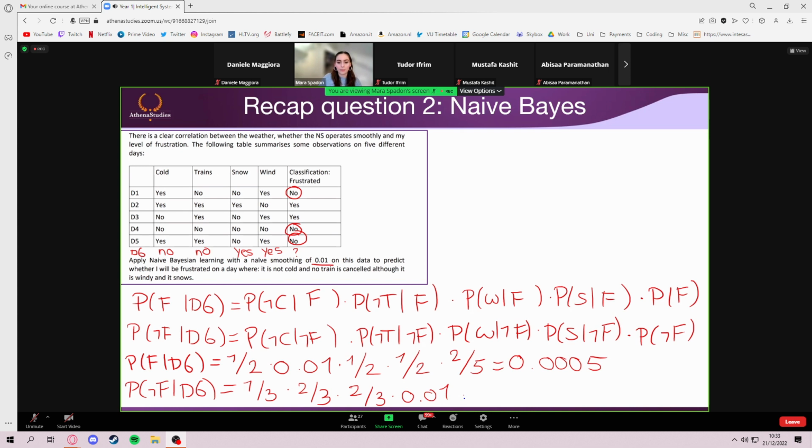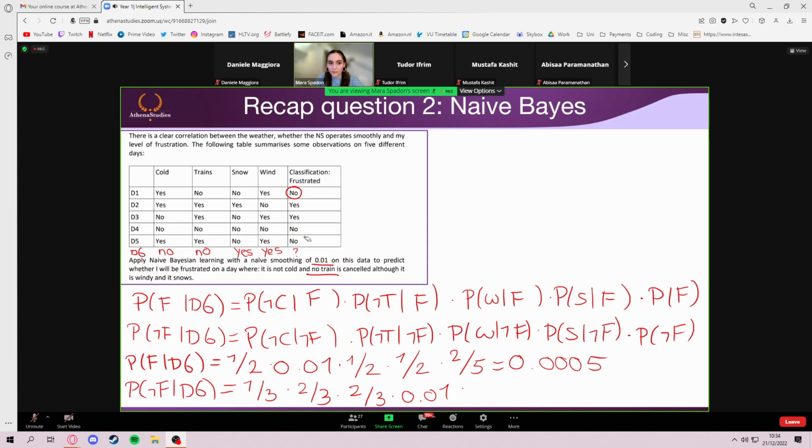Mara: I'm still confused about the P(F given D6), why for the train one it's like no or whatever. Yeah, it's just weirdly worded in this question. So basically it says no train corresponds to a no in this table, but the question is a bit too ambiguous.